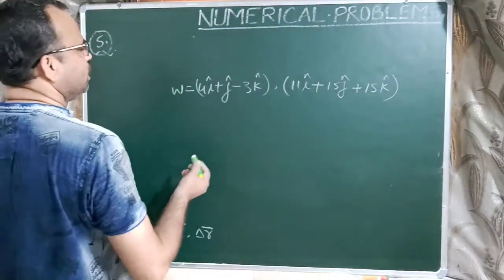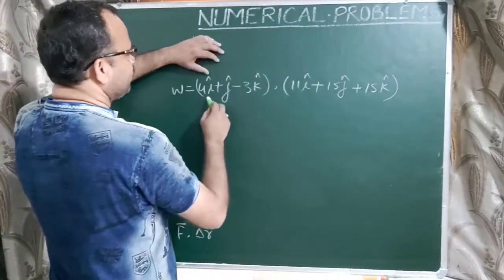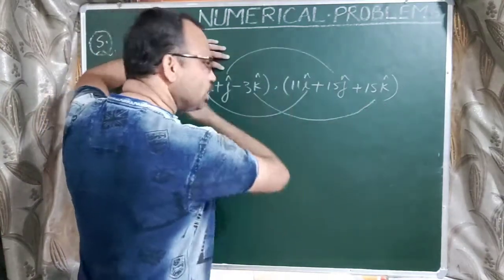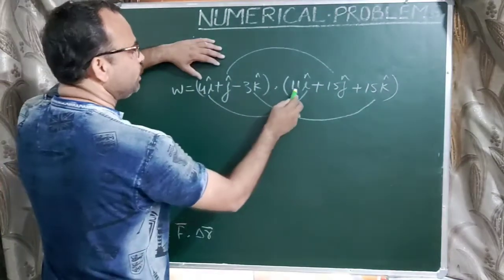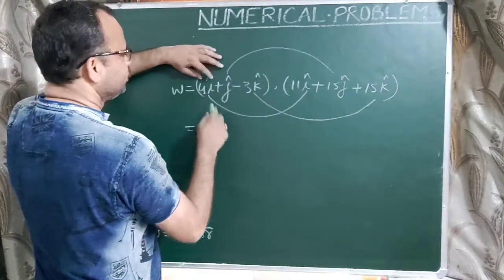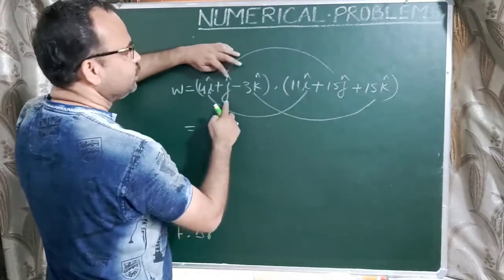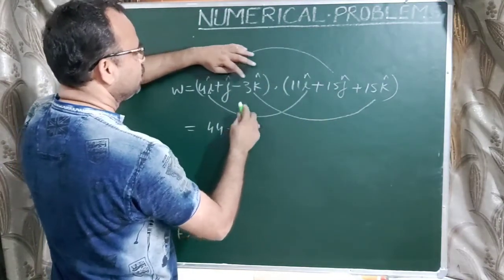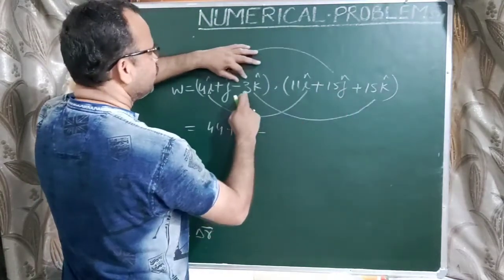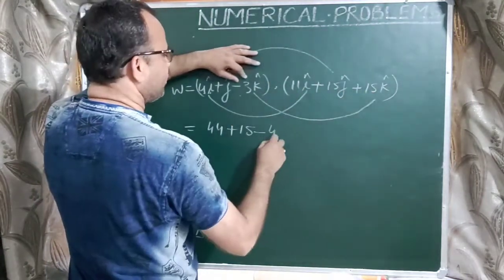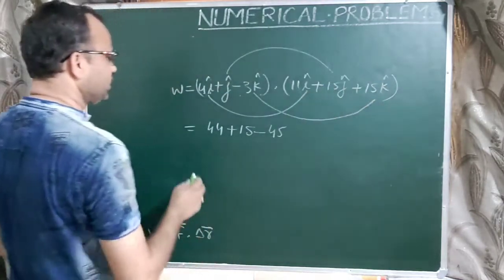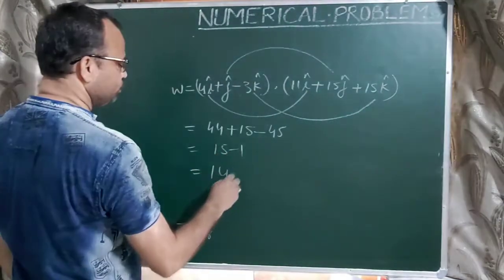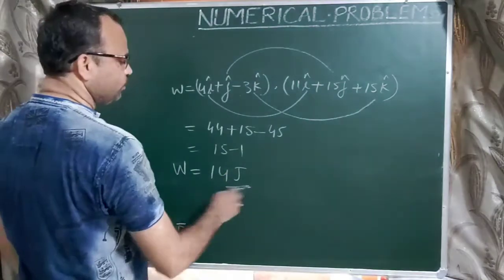Now we have to multiply i dot i, j dot j and k dot k; all remaining are 0. So 4 into 11 means 44, j dot j is 1, so 1 into 15 is 15. Now minus 3 into 15 is minus 45, k dot k is 1. So 44 plus 15 minus 45 gives 14 joule. Work done will be 14 joule.